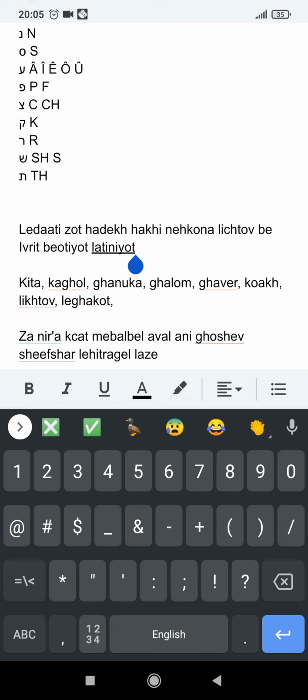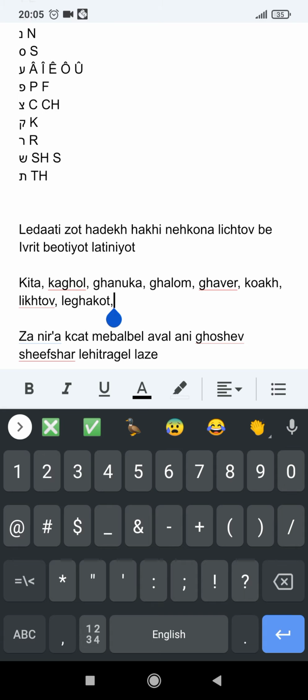Okay, so now I'm going to try to read out what I wrote here with this system, and especially Hebrew speakers, try to tell me what you think. Sorry, hold on.